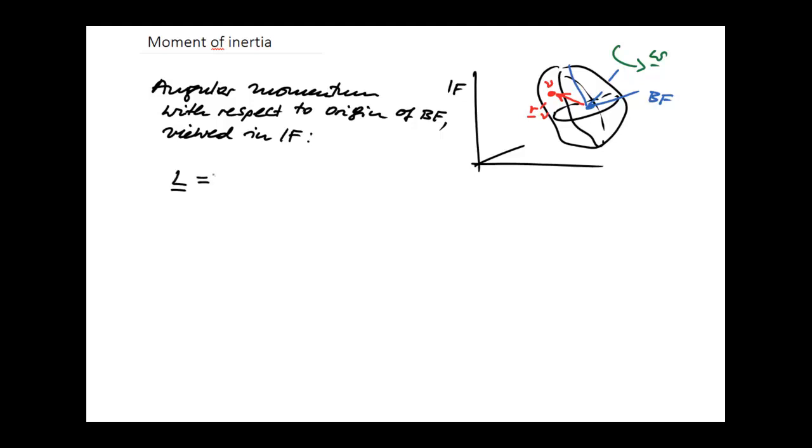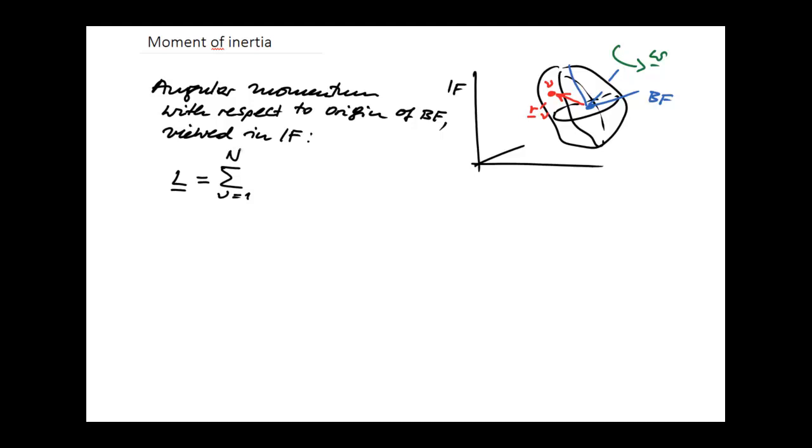So what is that mathematically? If we look at the total angular momentum of the entire rigid body, we have to add up the individual angular momenta of the n mass points that make up the rigid body. So we have to sum over all nu, going from 1 to n.